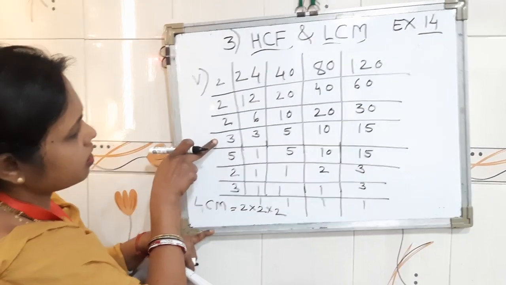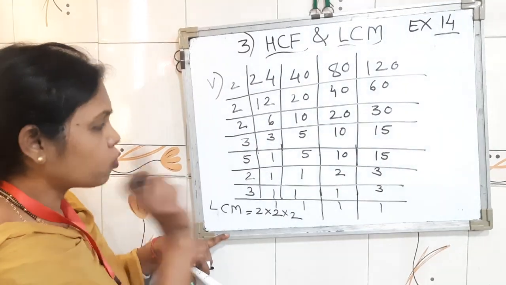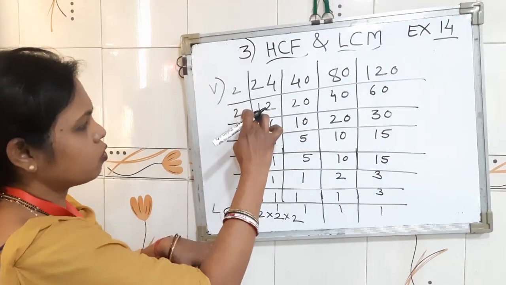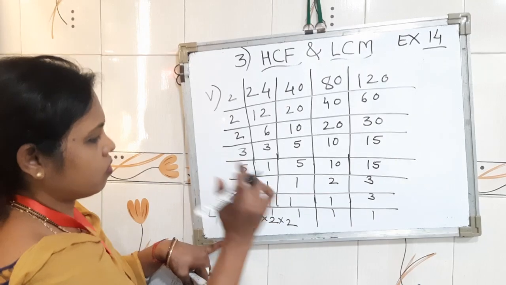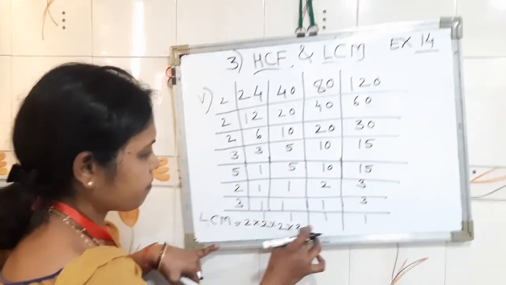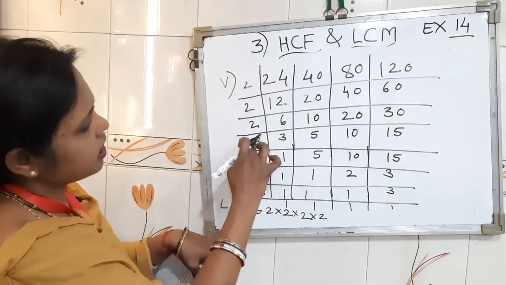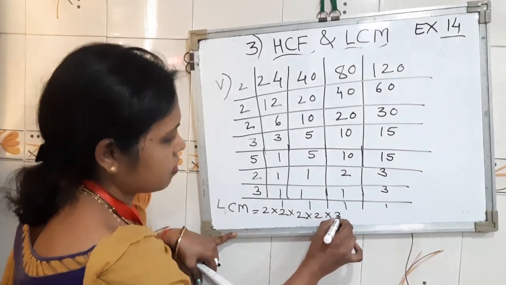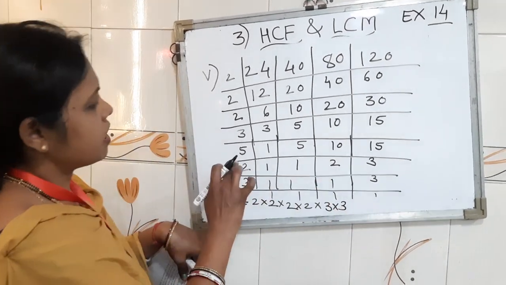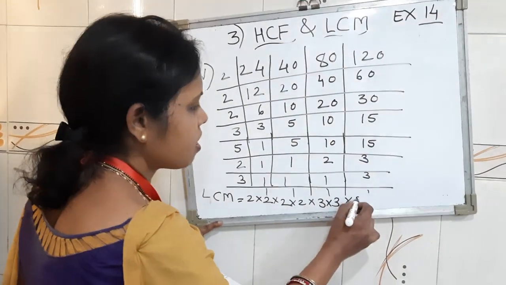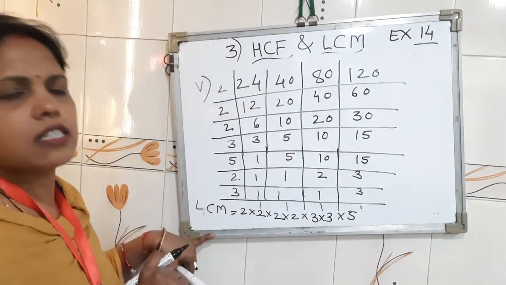Next number 2 is 4 times: 1, 2, 3 and 4. Now the next number 3 is 2 times. Next number 5. Multiplication of all these numbers.